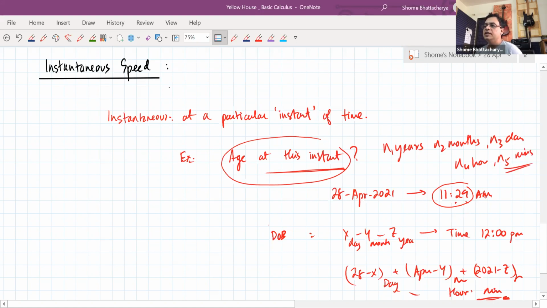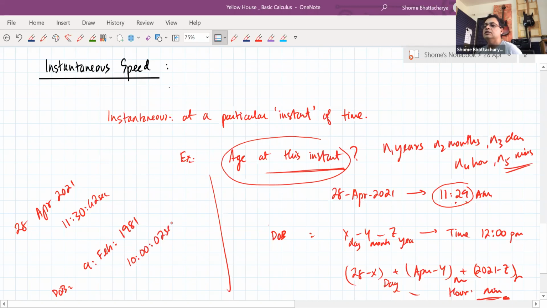But suppose I observe the time in seconds. Suppose right now it's 28th April 2021 and 11 hours 30 minutes, and just now when I was starting the question it was 42 seconds. Similarly, my date of birth was, let us say, 9th of February 1981, and suppose it was 10 a.m. and 2 seconds.